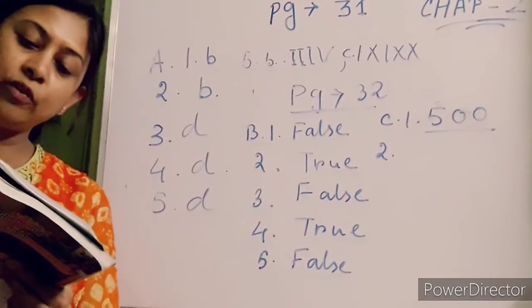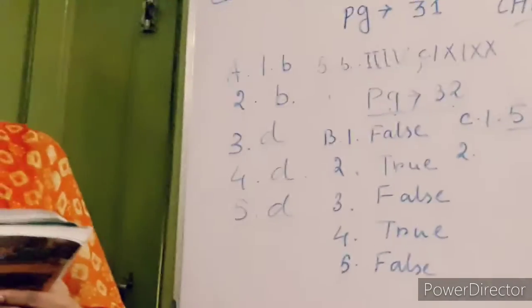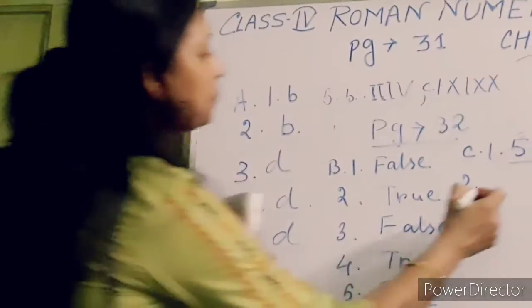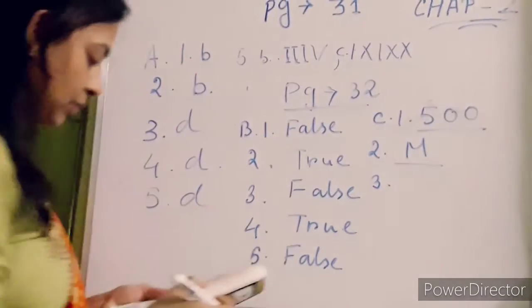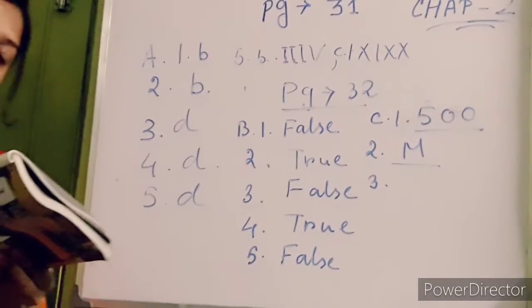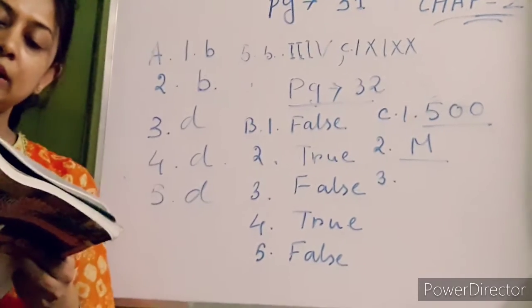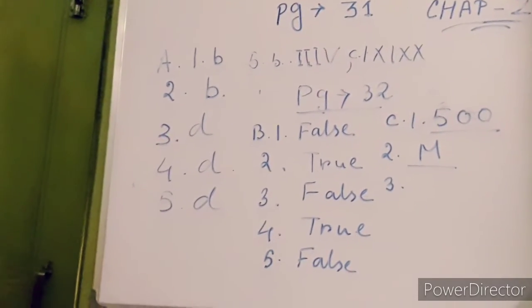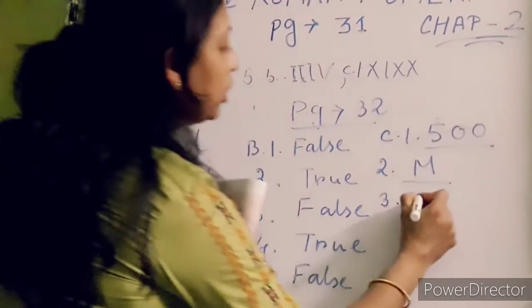The Roman numeral for 1000 is, which symbol represents 1000? 3. The number XLII written in Hindu Arabic numeral is: XL means 40, II means 2, so 42.